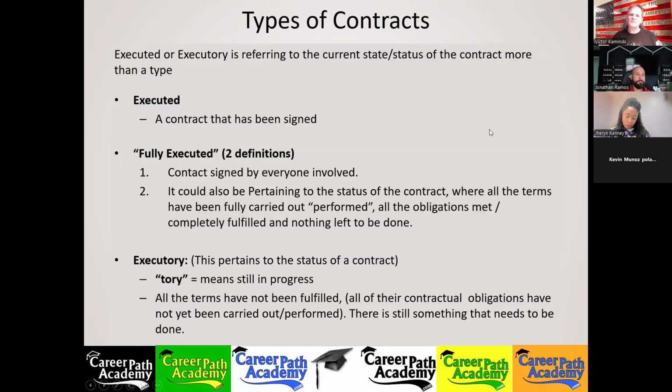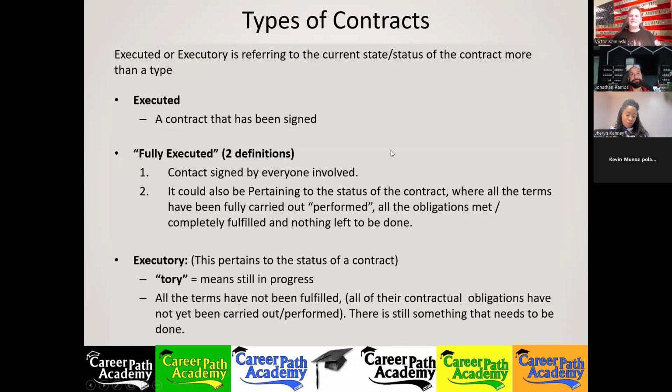So when a contract has been executed, it's been signed by one party. If it's fully executed, it's been signed by everybody. And then it's in an executory status until all the terms of the contract have been fulfilled, and now it's been fully executed. You follow?